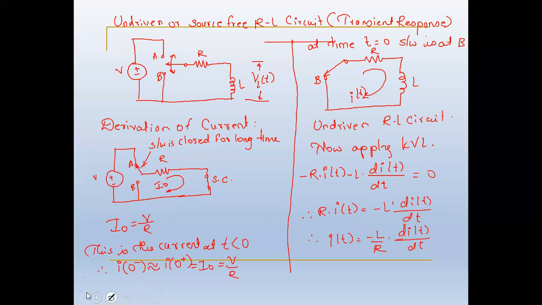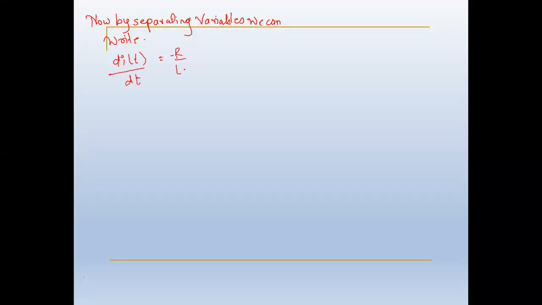Now, by separating the variables, we can write di of t by I of t equal to minus R by L into dt.